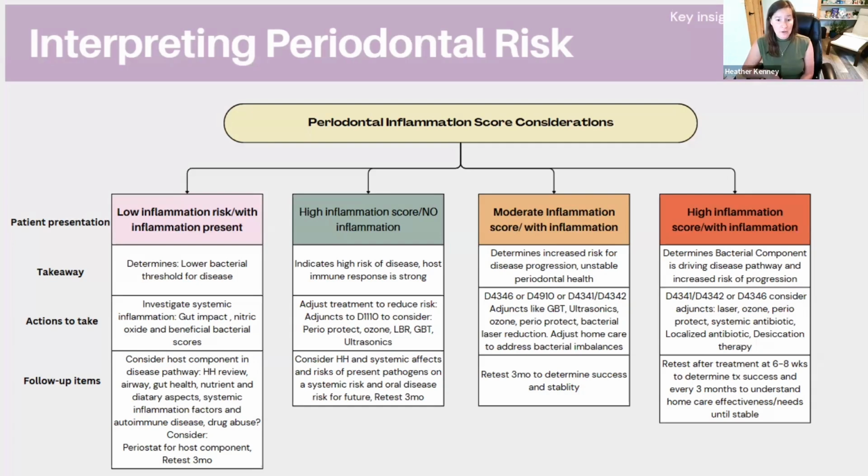Things you can consider for those patients. Periostat is a great product. It's a low dose doxycycline. It's not an antimicrobial in any facet, so we don't have to worry about causing any resistance factors, but it's dealing with the host component and the inflammatory response with our patients. There are some other really cool products on the market too.